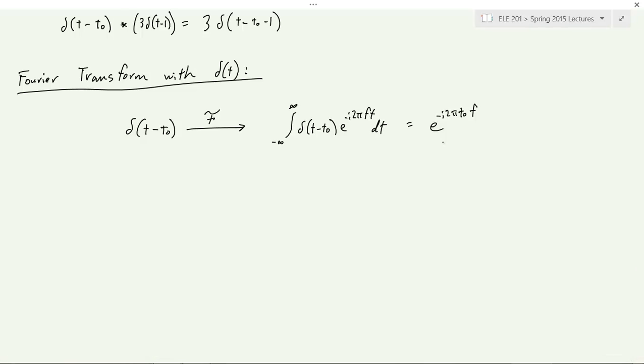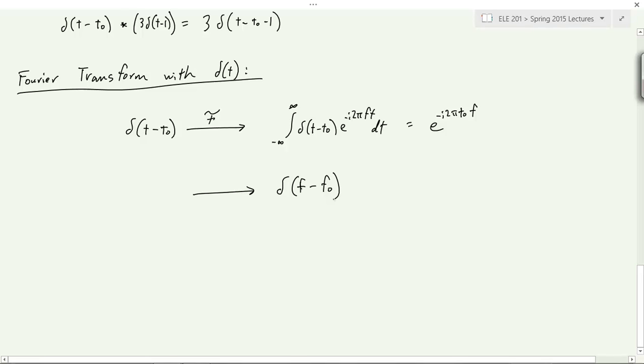Great. Now let's do this in reverse as well, because this integral should be just as easy if we do an inverse Fourier transform, okay, which will give us a reverse relationship. So what if we have delta of f minus f naught, a delta occurring in the frequency domain at some location f naught.